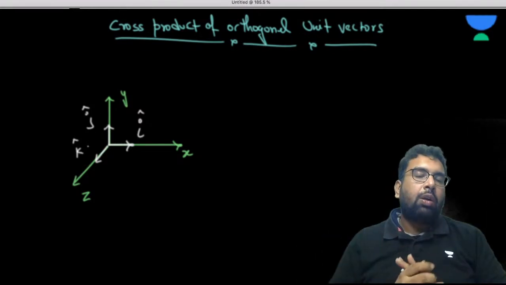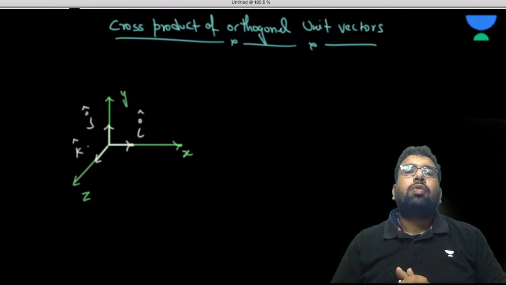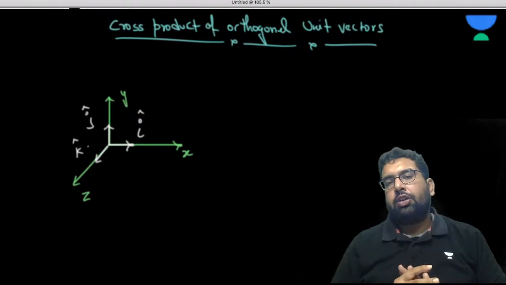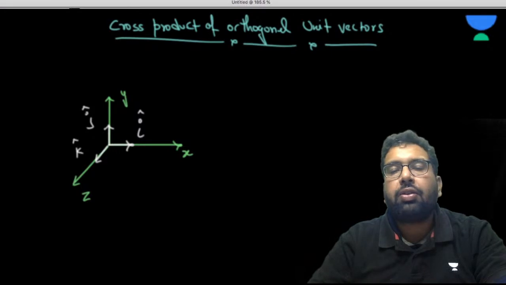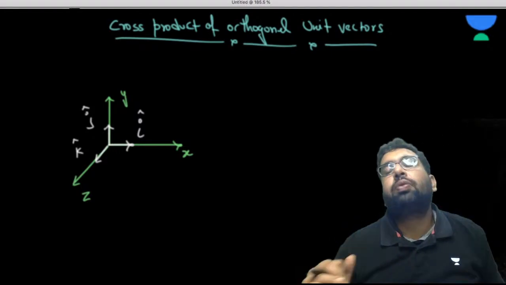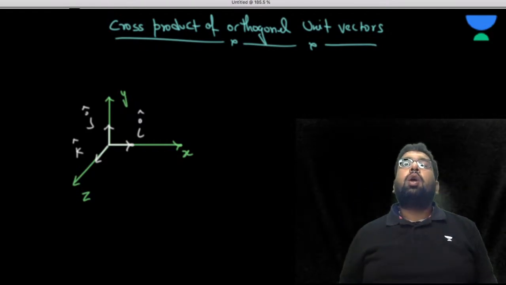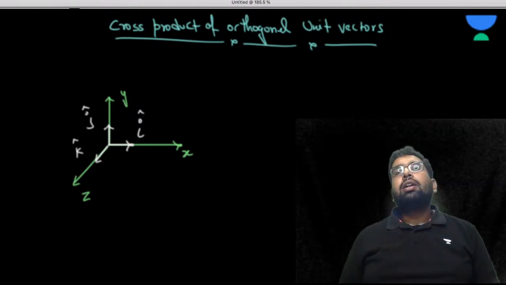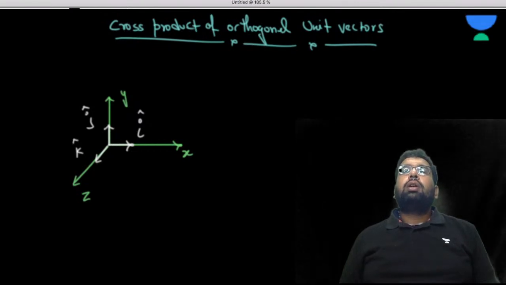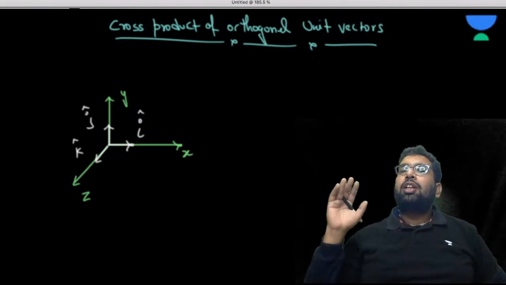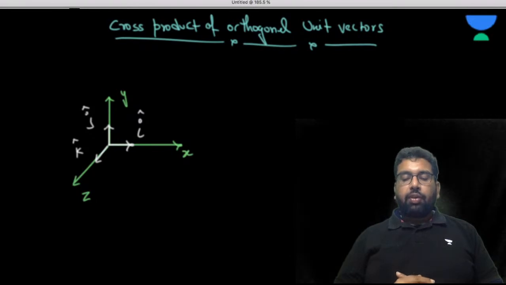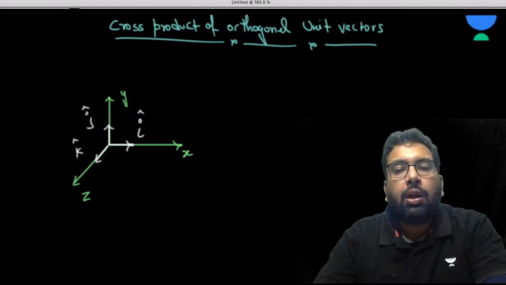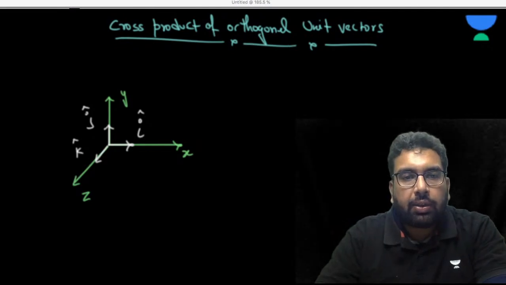We also know how to write a vector in Cartesian form. We have been doing quite a few things in Cartesian: addition and subtraction of two vectors in Cartesian, then the dot product in Cartesian, how to resolve it, and also in the last session the angle between two vectors, and the angle of a vector from the x, y, and z coordinate axes.